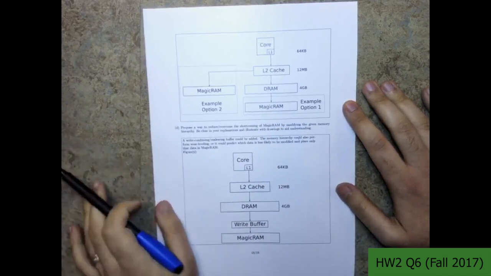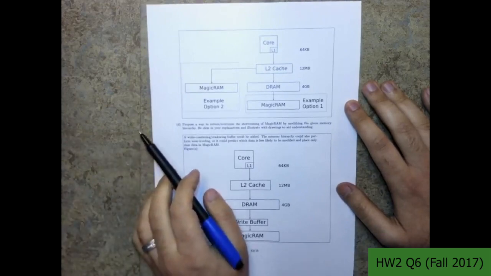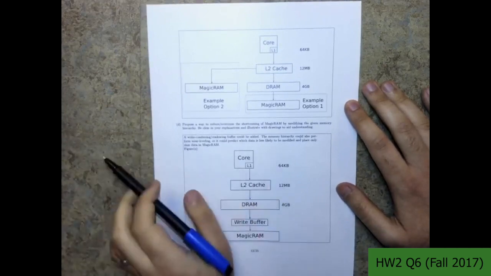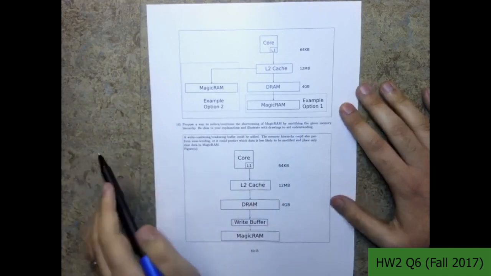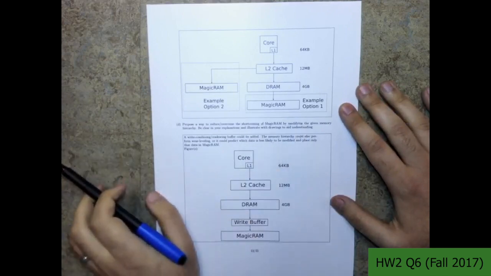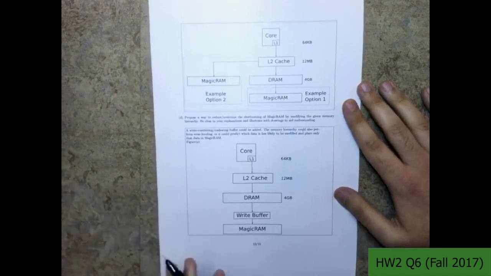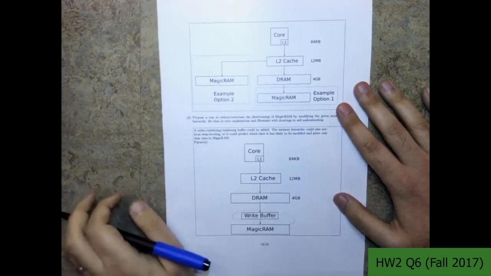And what can we do for reducing the overheads or mitigating that endurance problem? If we use DRAM as a cache for magic RAM, DRAM filters some write accesses to magic RAM, and that's good. But what we can do more is adding a write buffer between DRAM and magic RAM.